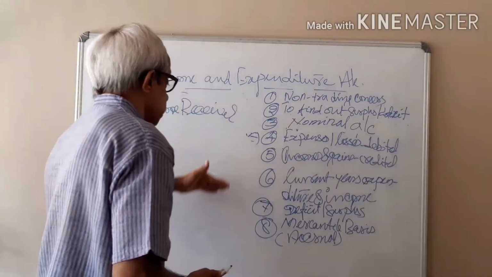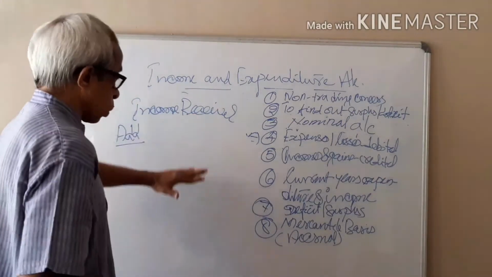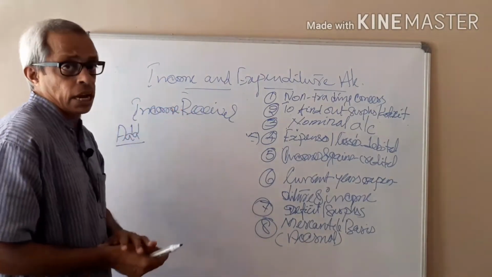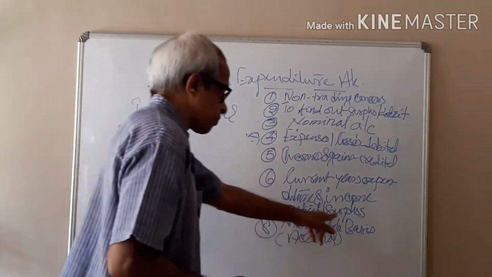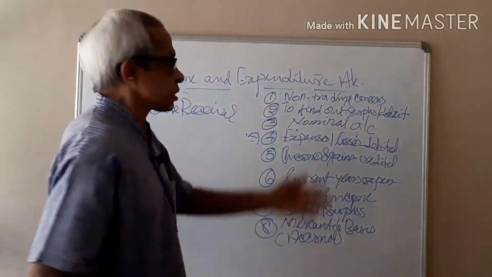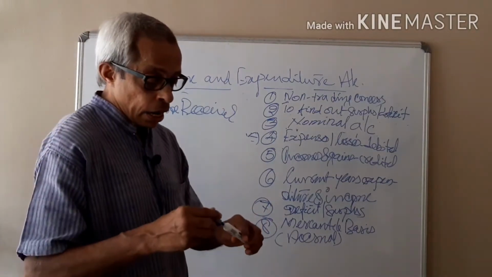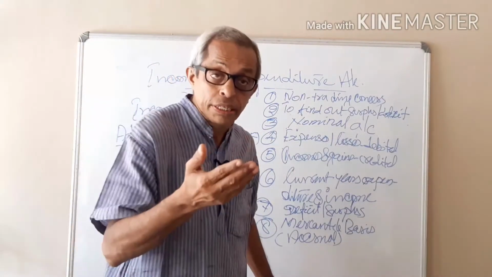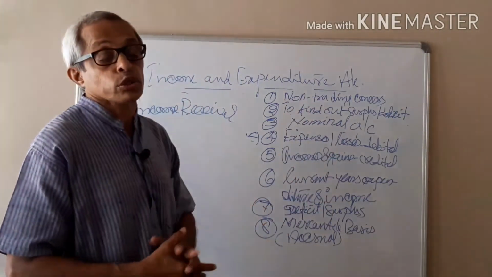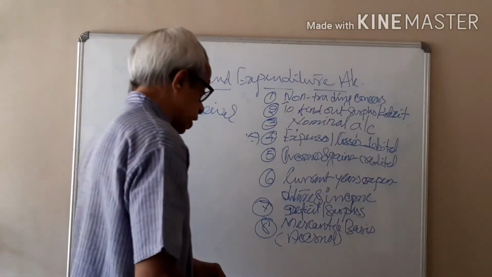So all these figures show the income received during the year, and then we balance, and the balancing figure will be either surplus or deficit, and the same will be either credited to or debited from capital account, to be shown on the liability side of the balance sheet.